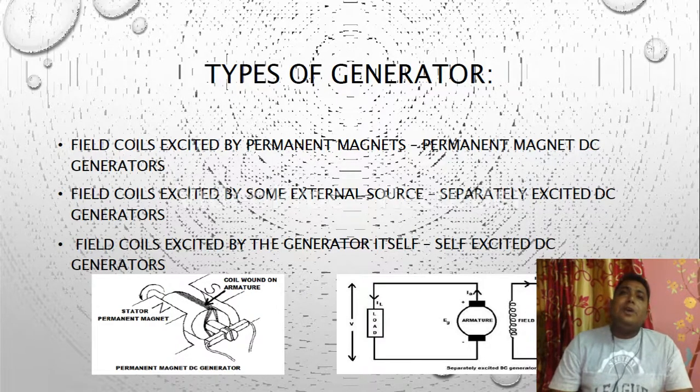Next is field coil excited by some external source, separately excited DC generators. And when the field coils are excited by the generator itself, it is known as self excited DC generator.